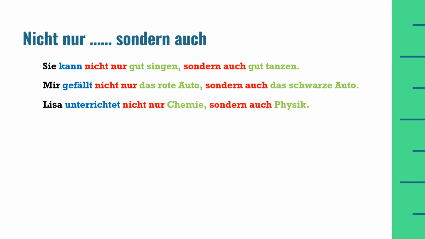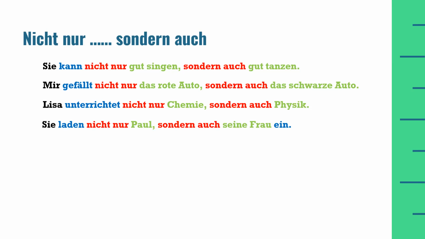Unterrichten means to teach or to lecture. Nicht nur comes at third position, and the first thing that she is teaches will come after nicht nur, which is chemistry, comma, sondern auch, and then comes physics, that is the second thing that she teaches.